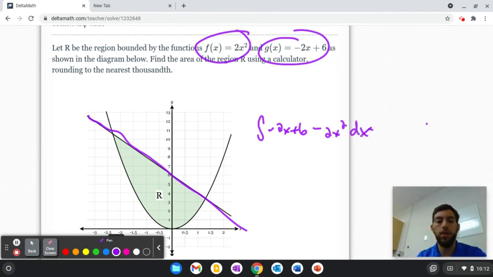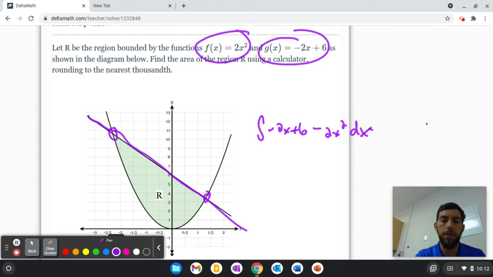All right, so next thing I need to know is my intersection points for my limits there and there. Those are things we can't tell exactly on this one. So you could either plug in the two separate functions and do the intersect, or plug it in as one function, which I'm going to do. Clear out your old one and type in negative 2x plus 6 minus 2x squared.